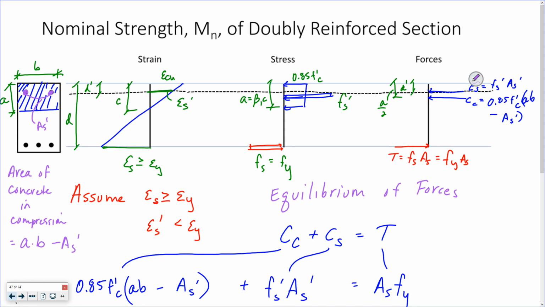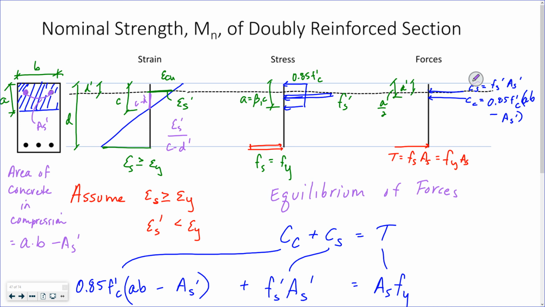Gonna use similar triangles. This distance right here, c minus d prime. So epsilon s prime over c minus d prime, right?